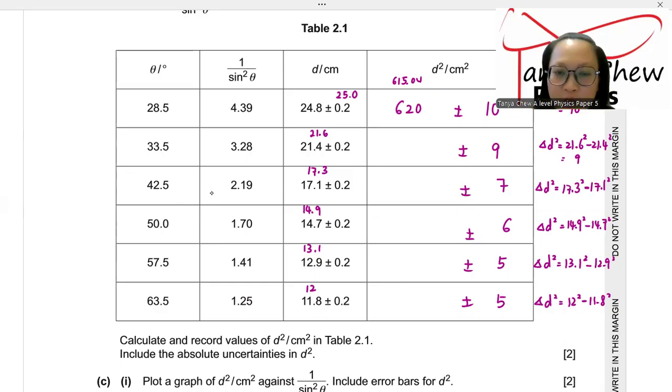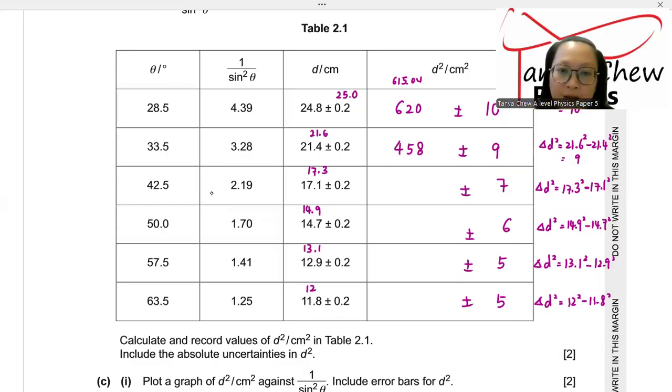So the next value, 21.4, you square it and round it off to the nearest whole number. I got 458, because for the second value I did not round the uncertainty to the nearest 10. All you need to do is make sure you round it off to the nearest whole number, three significant figures, 4, 5, 8.